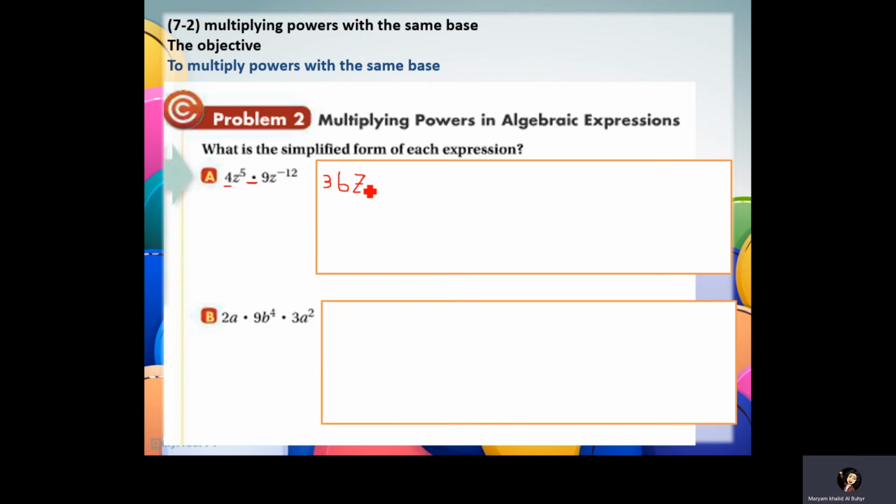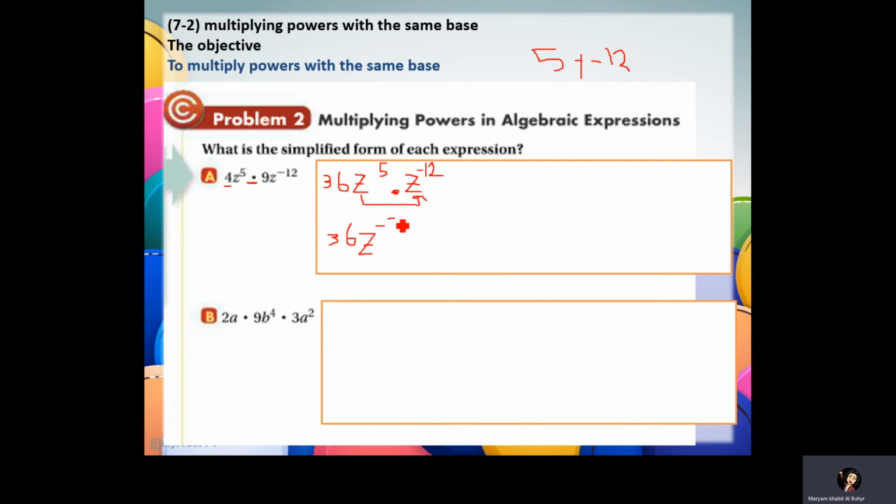Then the remaining things, I will write them. Z to the power 5 times Z to the power -12. Cool. I have the same base. Even if they are letters, Z and Z, same base. So I'm going to add their powers. So 36, drop 36 as it is, then Z to the power 5 plus -12, which equals -7, right?